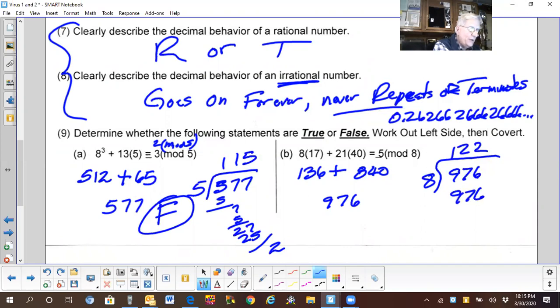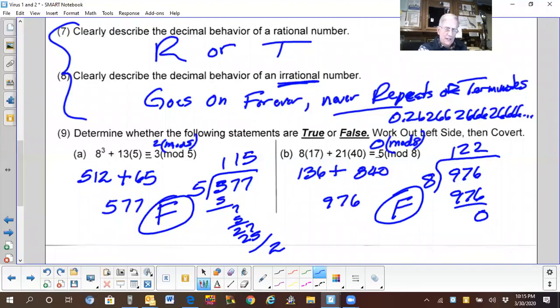There is no remainder. It is 0, so this should be 0 mod 8. So this is also false. When you take these types of problems and do them on the quiz, you must show your work like this and show me what it is you get for the answer and why the answer is true or false.